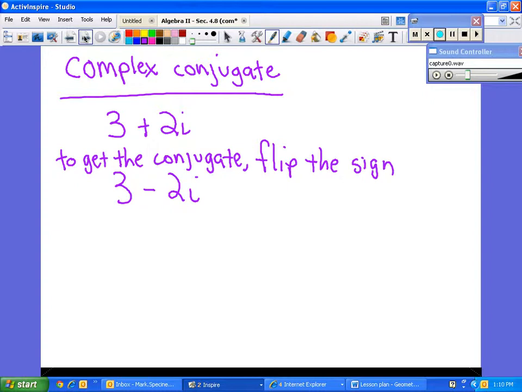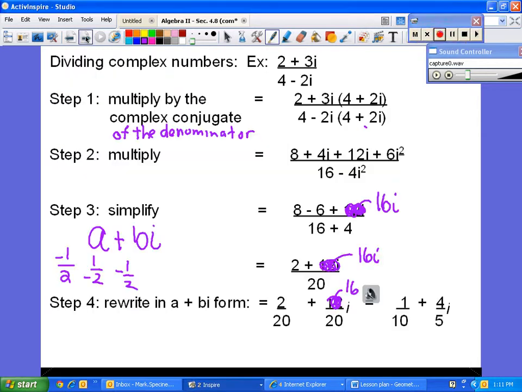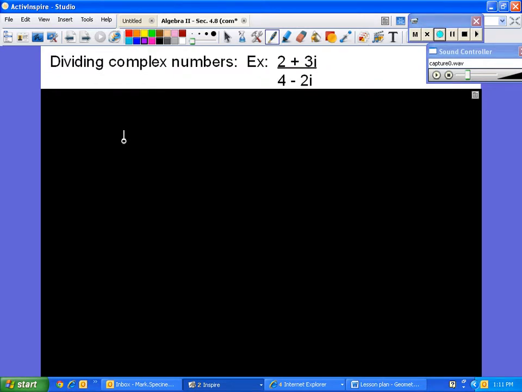But I have to wait till everybody's done copying. The reason I am telling you this is how we're going to divide a pair of complex numbers. So here's my example. I have 2 plus 3i divided by 4 minus 2i.